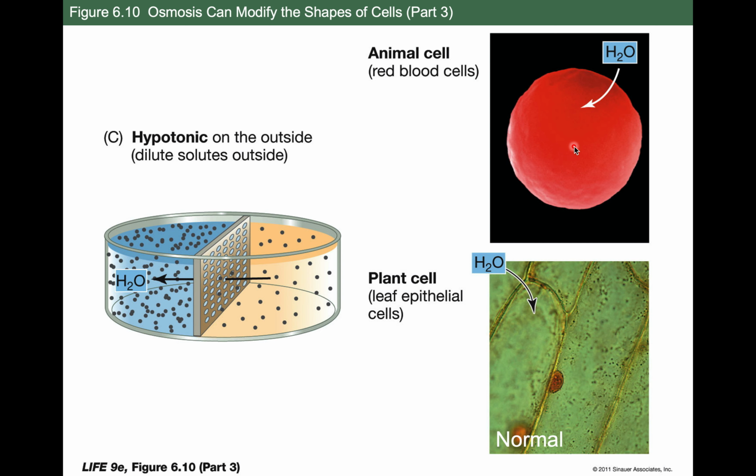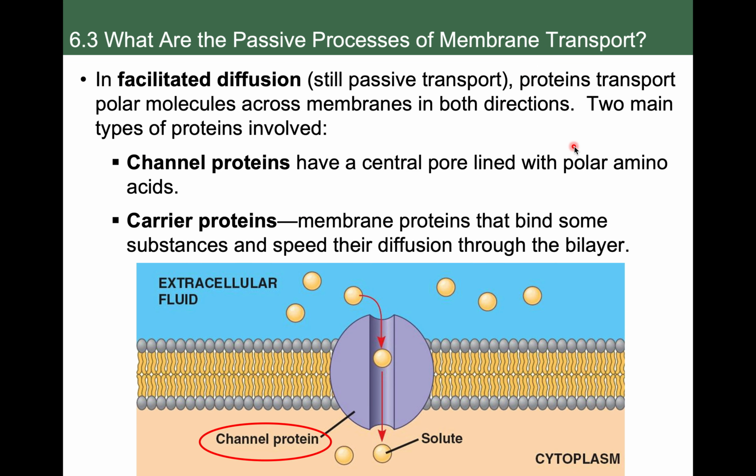Your red blood cell is going to balloon up, take on way too much water. It looks like it's about to explode there. So again, the point I'm trying to get across is maintaining the correct osmotic environment inside your body, inside your bloodstream, is really critical for your health and survival. So it is important for biology and overall physiology.